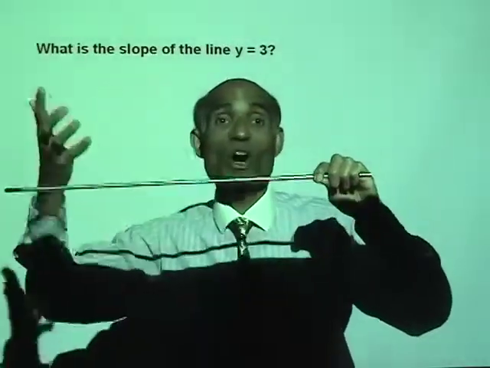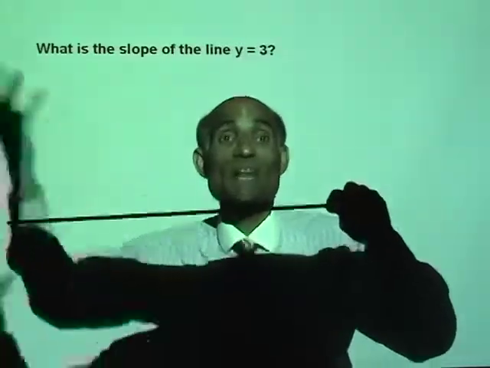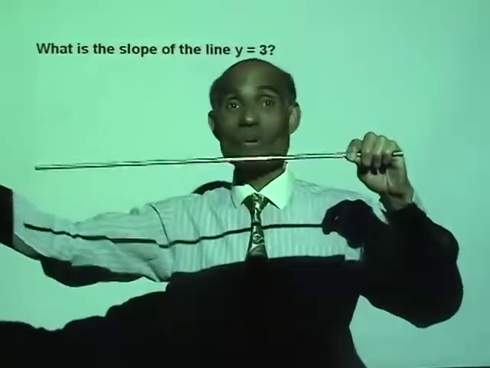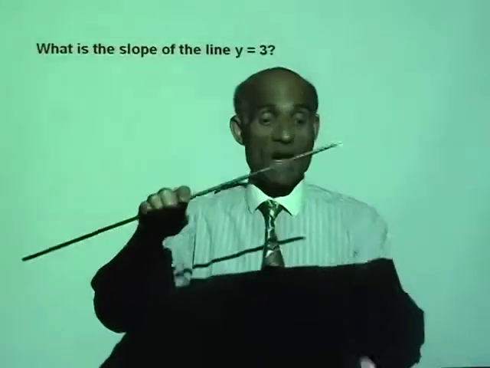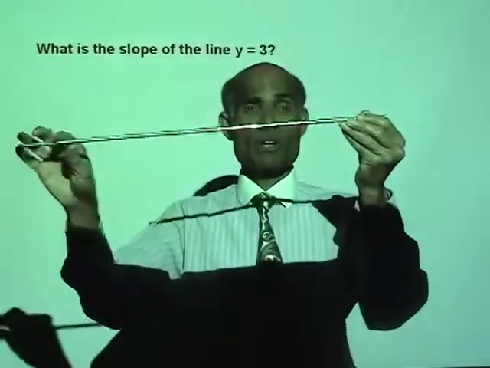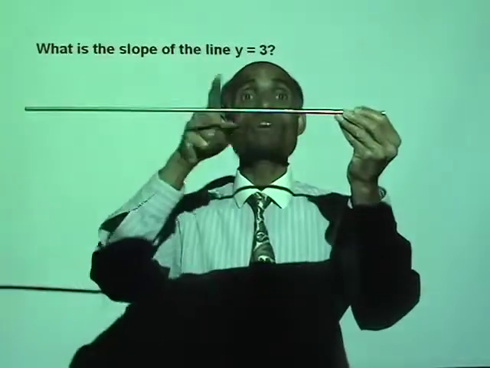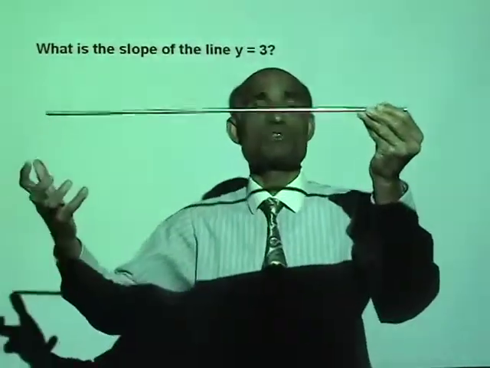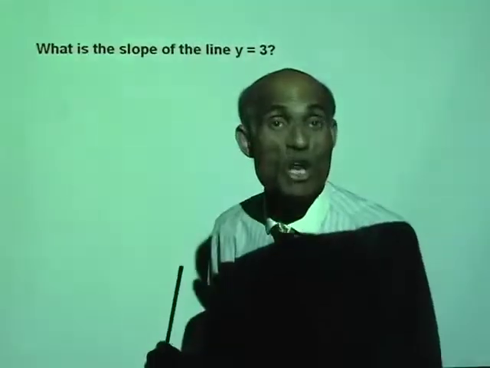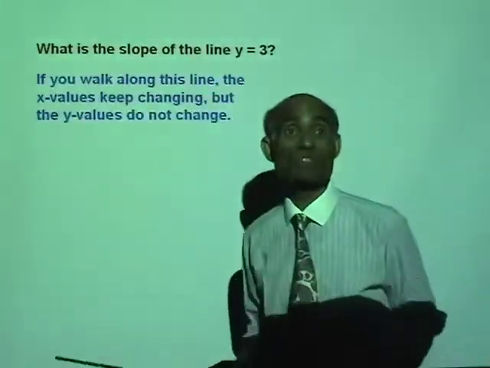If y will not change, what is the rate of change? Will be 0. You see, y equal to 3, it says I am not going to change. I will be always called y equal to 3. It has no slope. It has no rate of change.